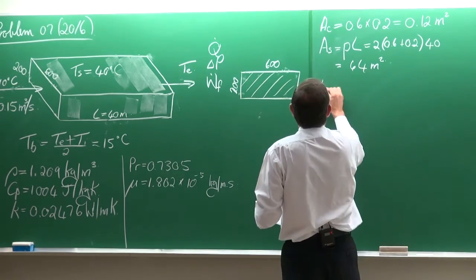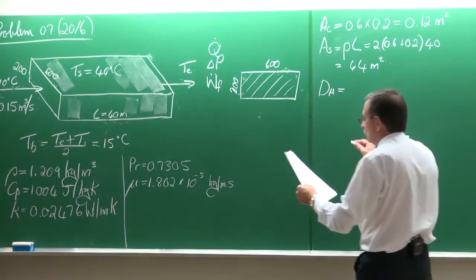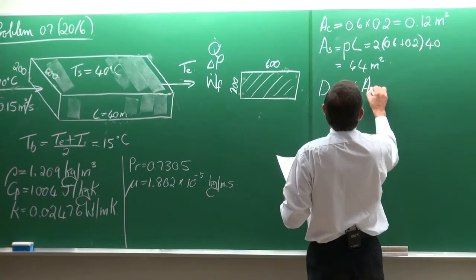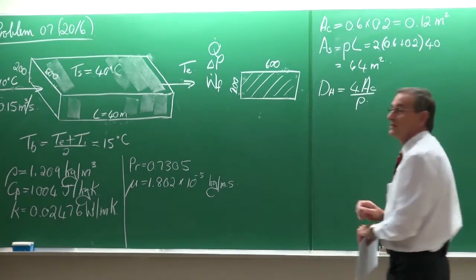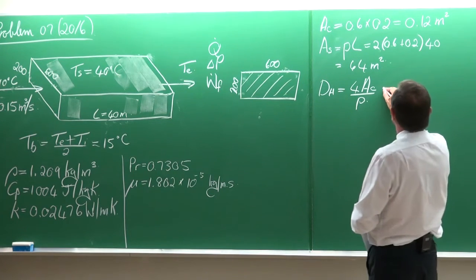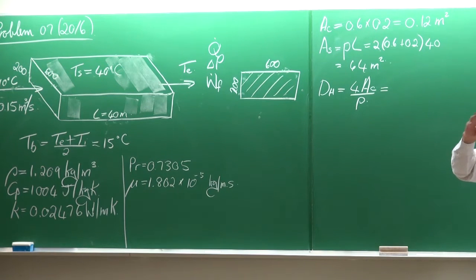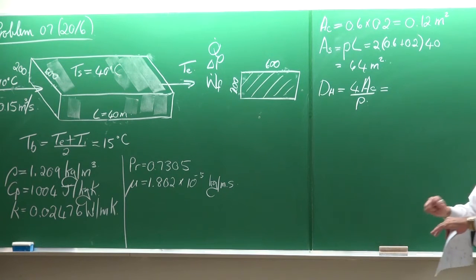The hydraulic diameter is equal to 4 times the cross-sectional area divided by the wetted perimeter, which is where the air will be in contact with the surface.